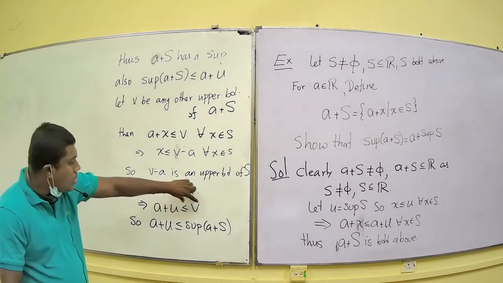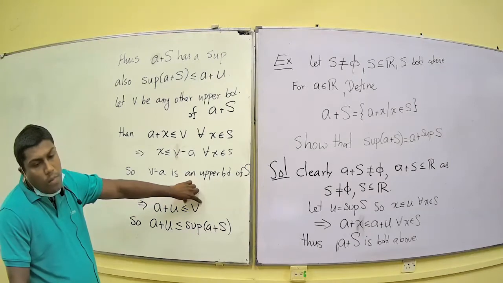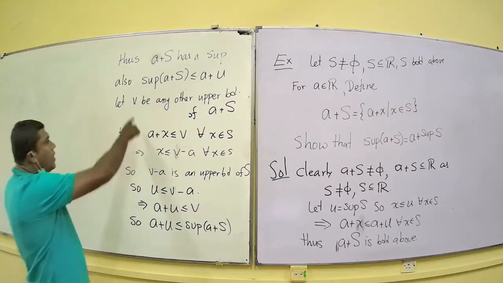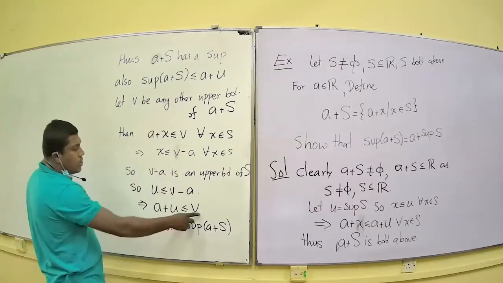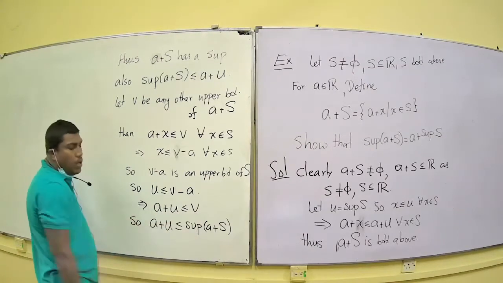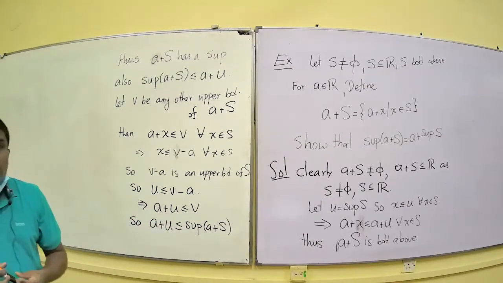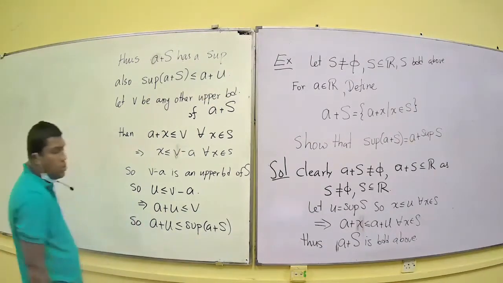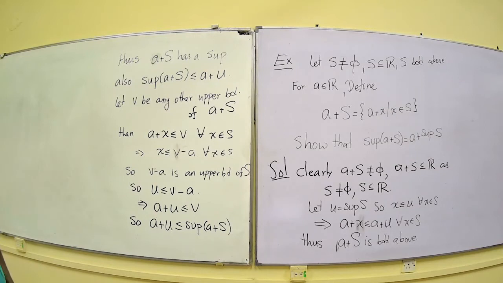So that means A plus U is smaller than all arbitrary upper bounds of the set A plus S. Because V is arbitrary, it is true for all. So A plus U is less than or equal to any other upper bound of the set A plus S. So clearly that should be less than or equal to the supremum of A plus S.